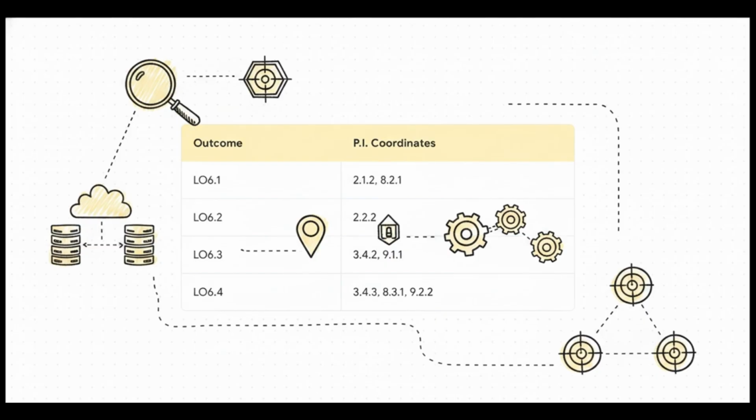Locating your computing resources in LO 6.2, that maps directly to PI 2.2.2. When you implement the stages in LO 6.3, you're hitting targets 3.4.2 and 9.1.1. And finally, validating those results in LO 6.4 triangulates precisely at coordinates 3.4.3, 8.3.1, and 9.2.2.